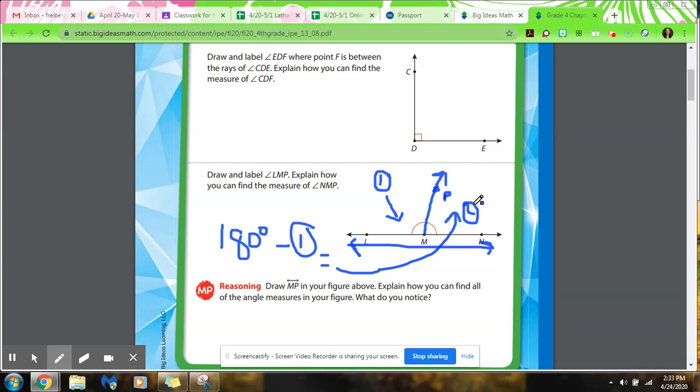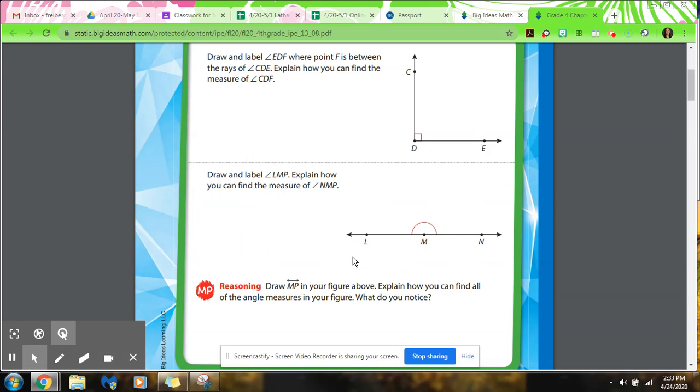And what's the opposite of subtraction? Adding. So if I add these two angle measures up, they have to equal 180 degrees, because that is what a straight angle equals. What we're working with today is going to be either 90 degrees or 180 degrees, and we're about to review some of those vocabulary words.